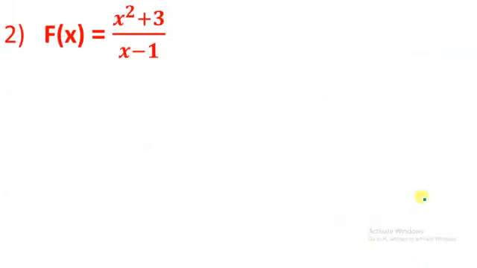Now example 2. I have f of x equals x squared plus 3 over x minus 1. When you see this function, you will remember rule 8 directly, because I have function over function. Now what is rule 8? If I have u over v, then the derivative is u prime v minus v prime u over v squared.